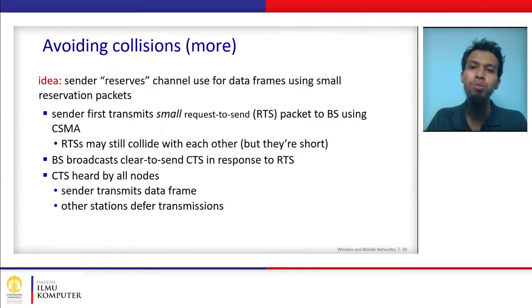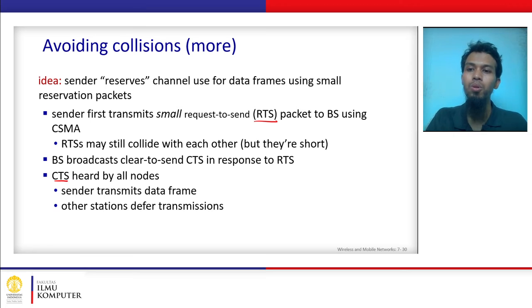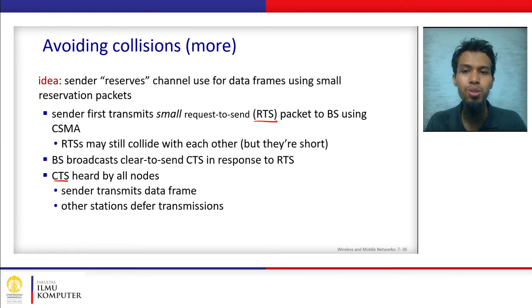To really solve the hidden terminal problem, CSMA/CA also has another mechanism, the so-called RTS and CTS. If the sender wants to transmit data, it starts by sending a small request to send packet.